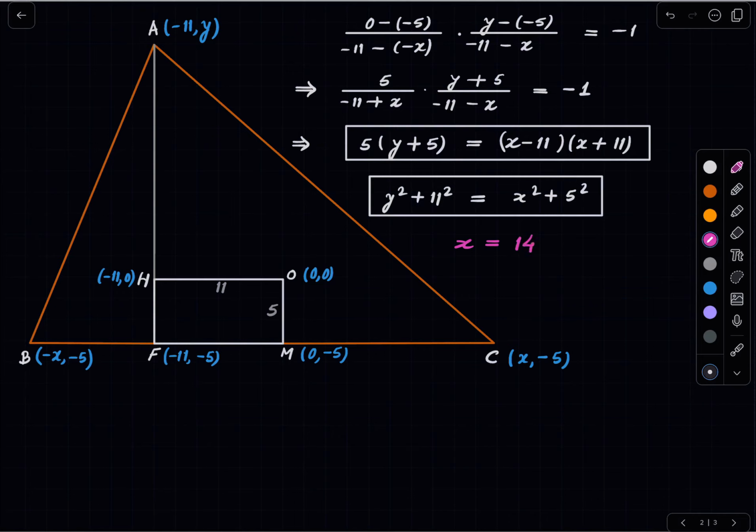And therefore the length of BC would be twice of x, which is 28. So BC is 28. Just solve these two equations. That's the part I'm skipping.